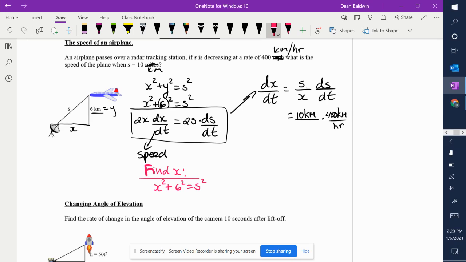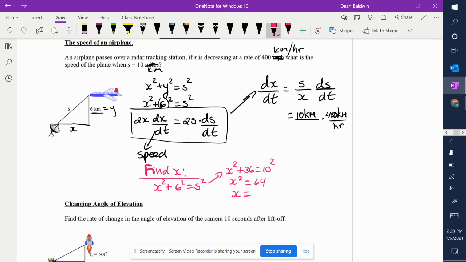So plug that in, you can solve for x. Oh, 64, and then now, x, when you square root something, you get plus or minus. Does it make sense to have a negative? You can't have a negative.